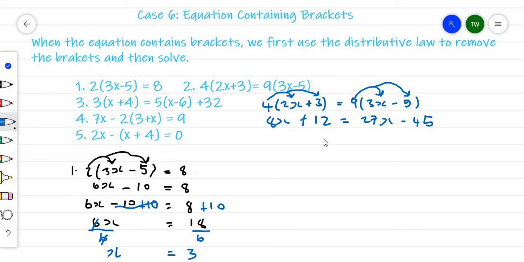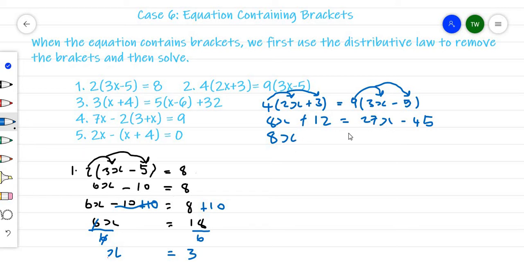All right? Now, there's a little shortcut that we can take. Whenever you move a term across the equal sign, the sign will change. So if the term was positive, it will change to negative. If the term was negative, it will change to positive. So I'm going to keep my x term on the left hand side. So I'm going to keep my 8x here. And I'm going to move this positive 27x over to this side.